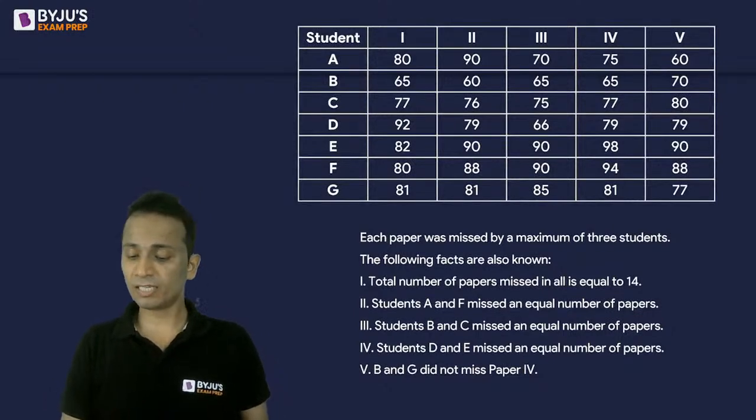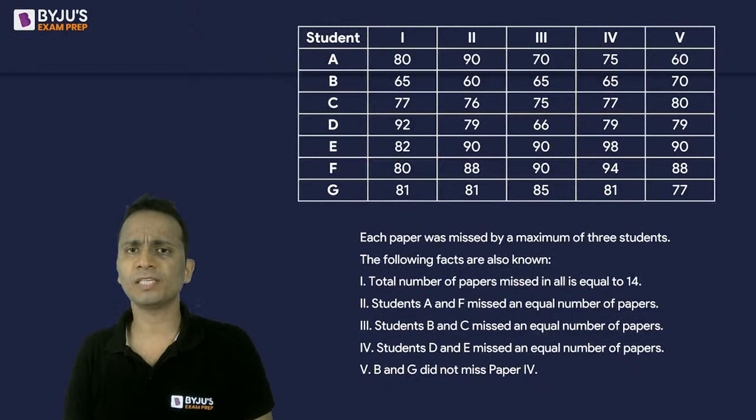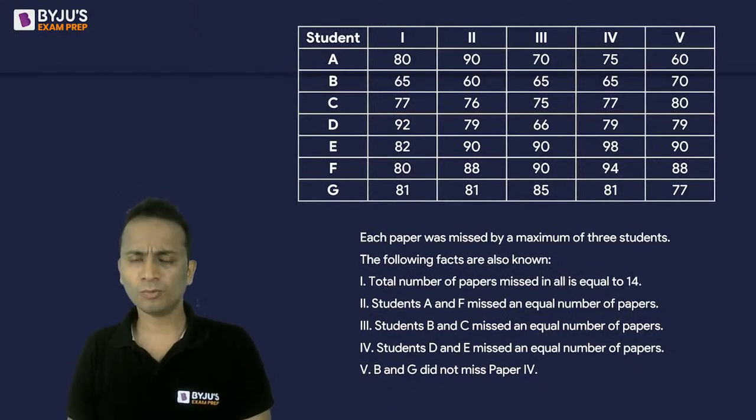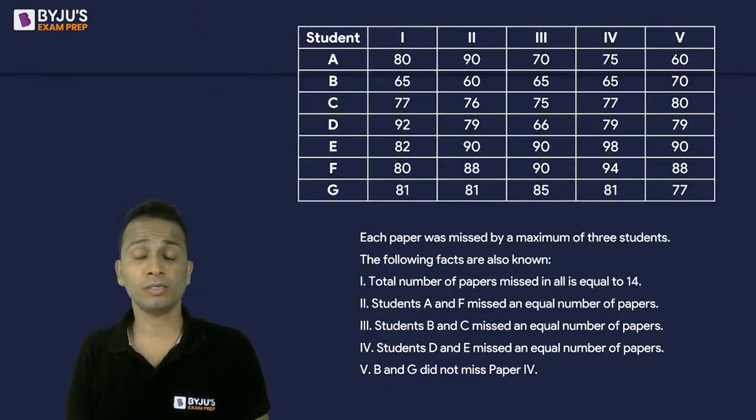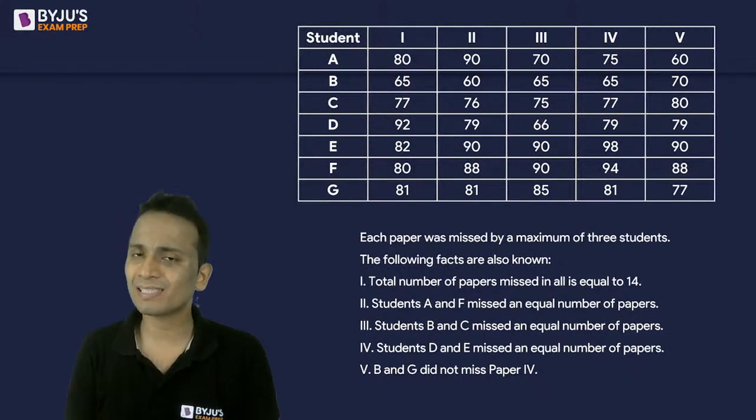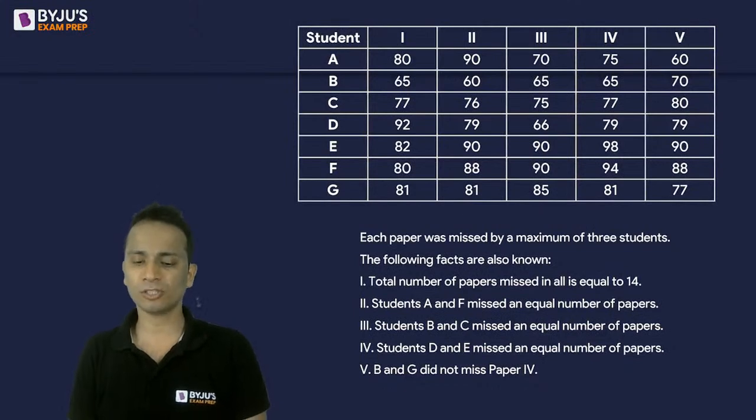Tanisha, it's simple: if you know your quant is weak, spend 60 to 70% of the time you invest in studies for CAT on the preparation of quant. If you are an aspirant for CAT 2023, there is very little time left, so you can be a little selective as far as topics are concerned.